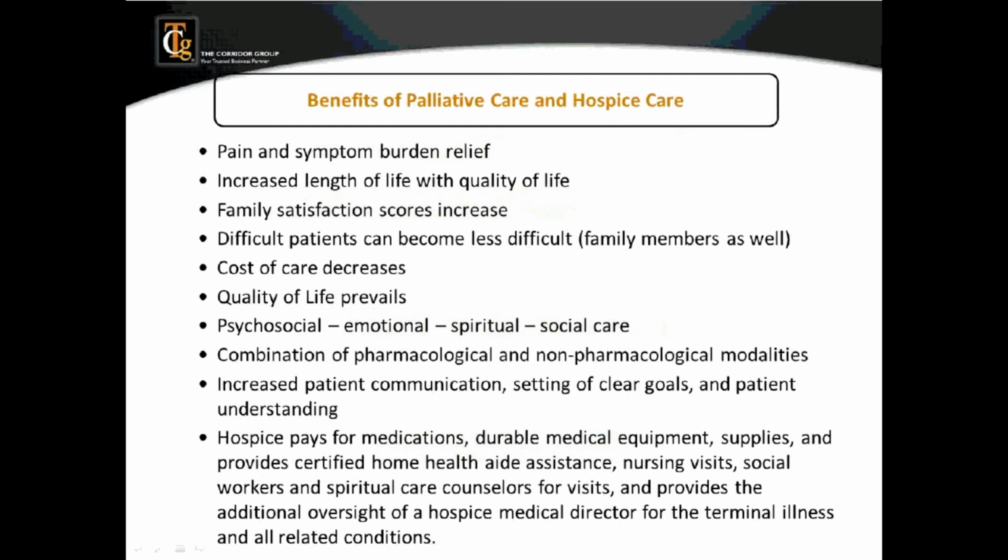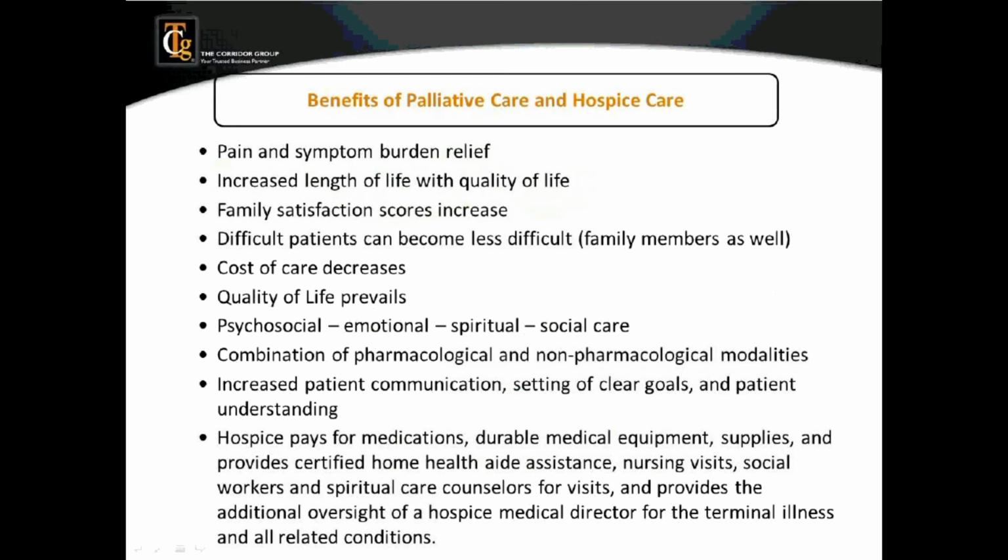So what are the benefits of palliative care and hospice care? The first one that we think of is pain and symptom burden relief. There have actually been studies showing increased length of life with quality of life. When somebody was on palliative or hospice care, a study found that their life was actually extended.